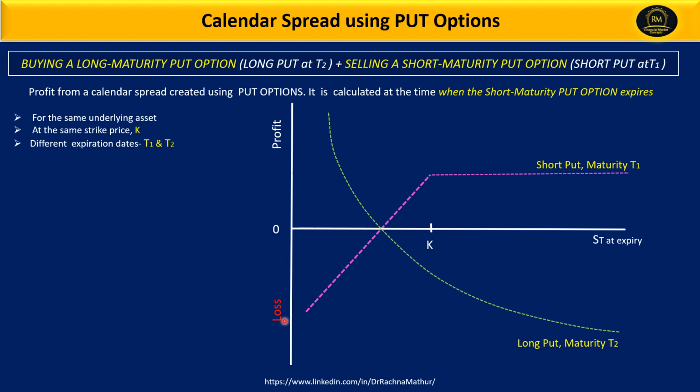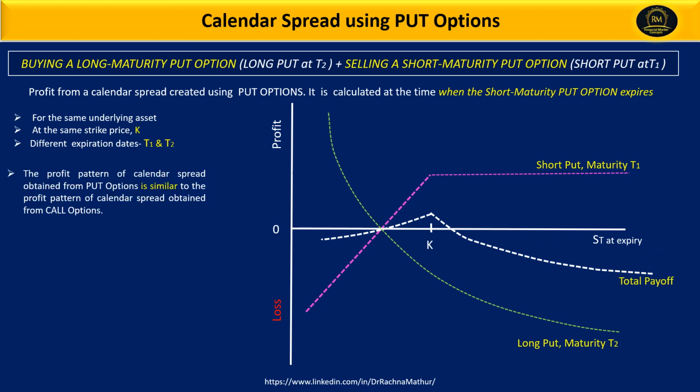This much amount is debited from your account. When you create the total strategy, it is shown with this white dotted line, which shows the total payoff. So the profit pattern of the calendar spread obtained from put options is similar to the profit pattern of the calendar spread obtained from call options.